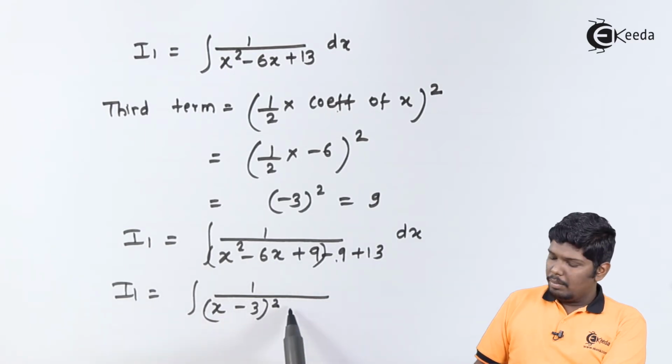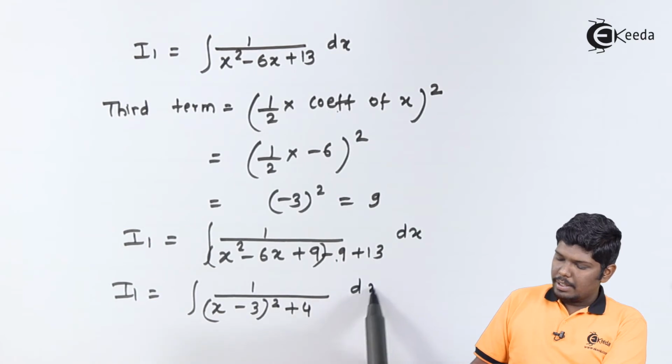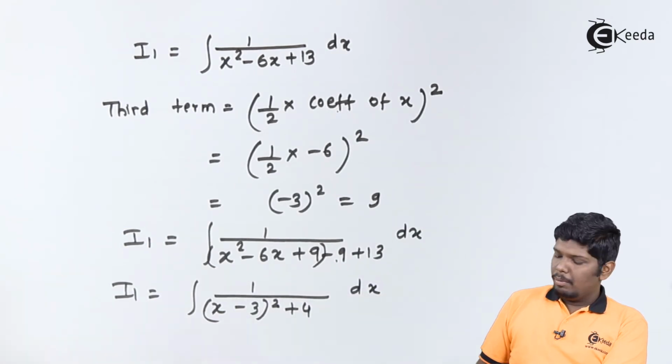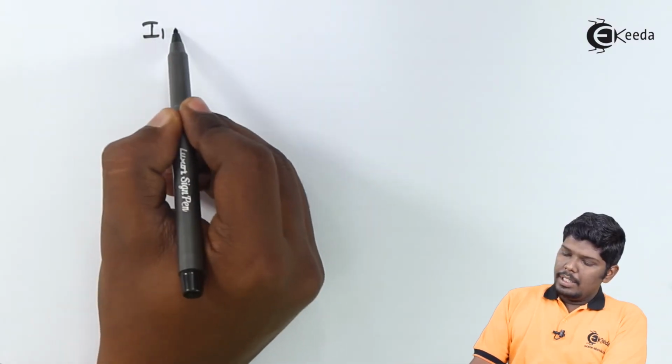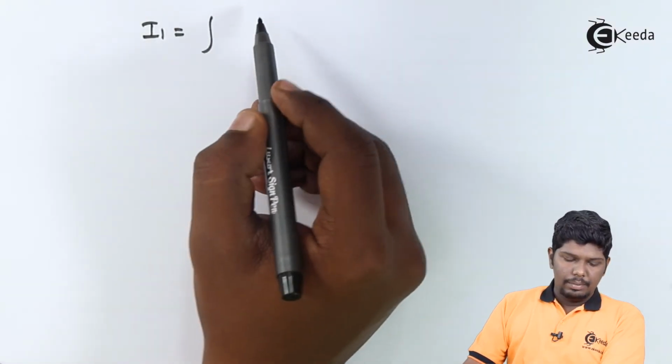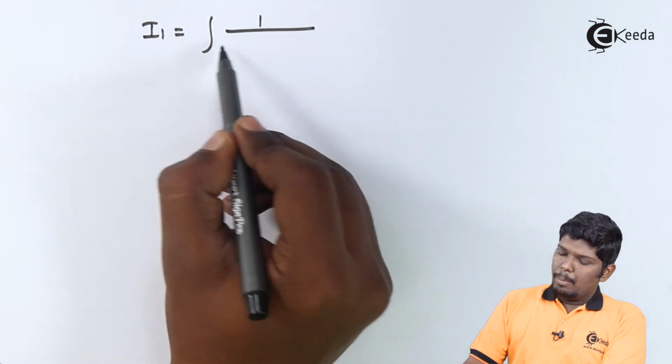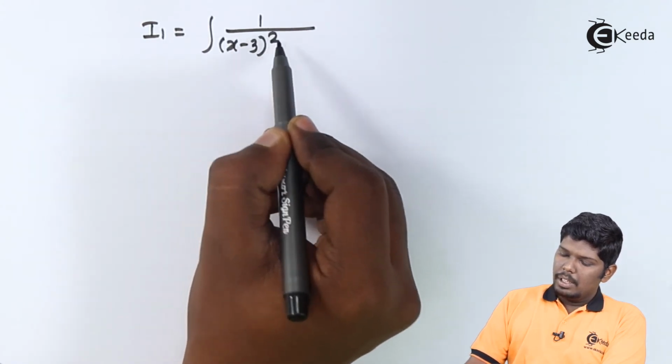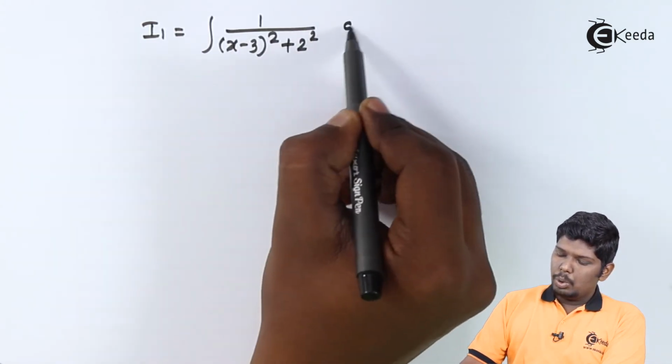Minus 9 plus 13 will give you plus 4 dx. In the next step, we will write 4 as 2 square. Therefore, I1 is equal to integral 1 upon x minus 3 the whole square plus 2 square dx.